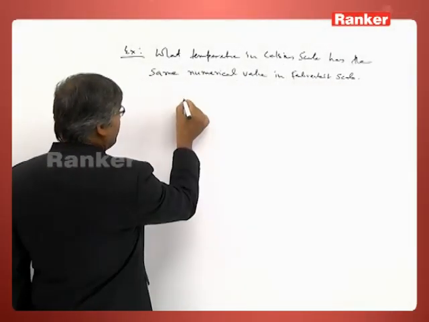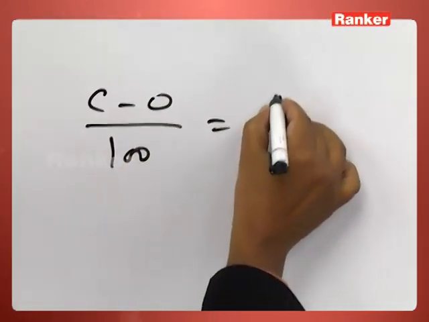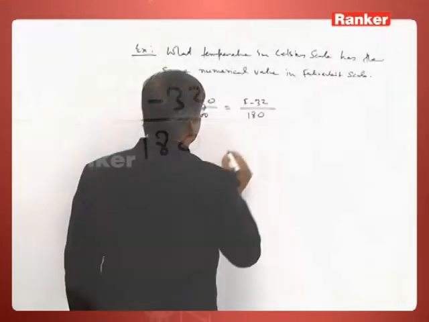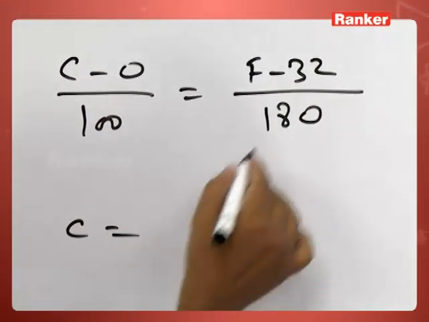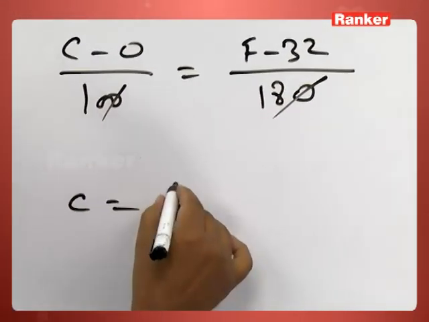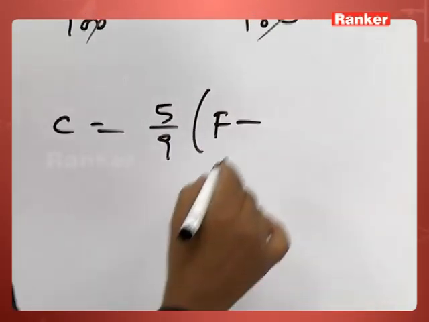So we have C minus 0 by 100 divisions, F minus 32 by 180 divisions. So we have C by 10 is equal to F minus 32 by 18, the 10 cancels. So this is C is equal to 5 by 9 into F minus 32.